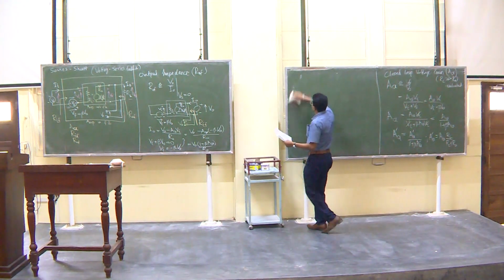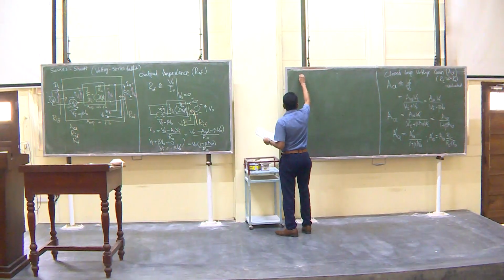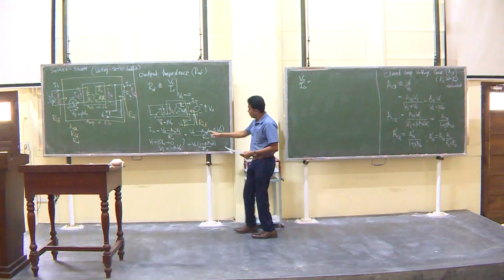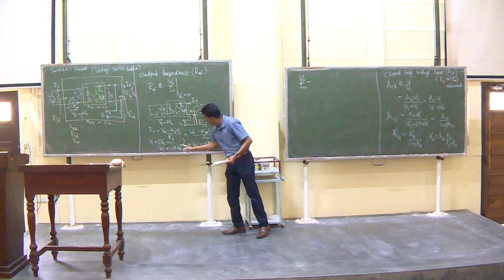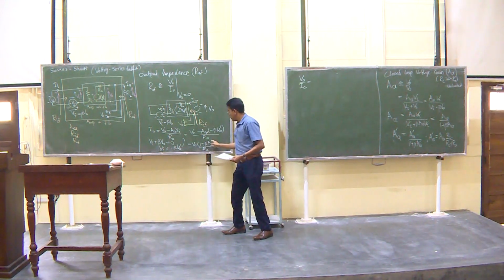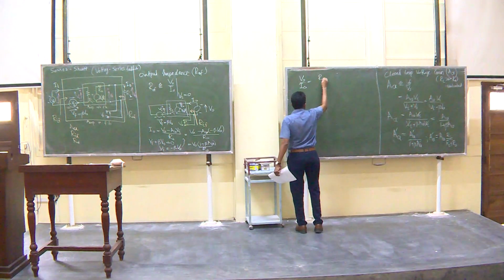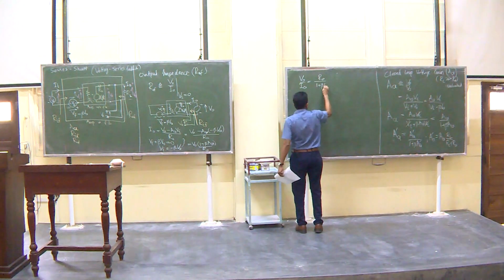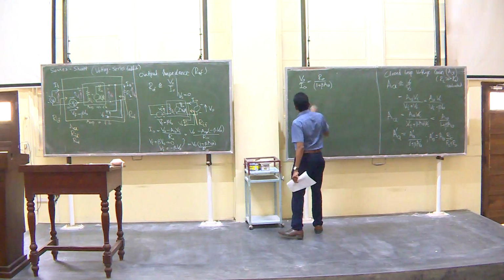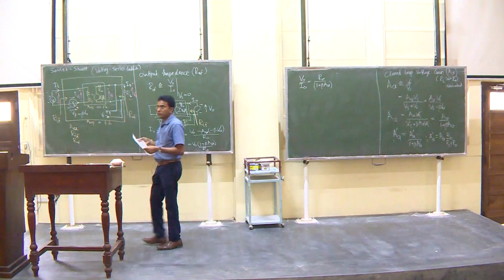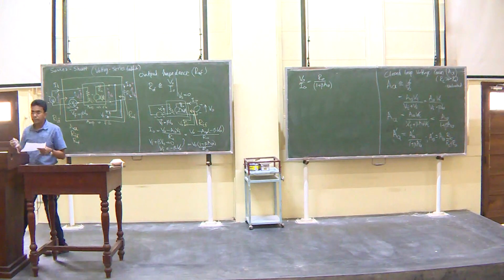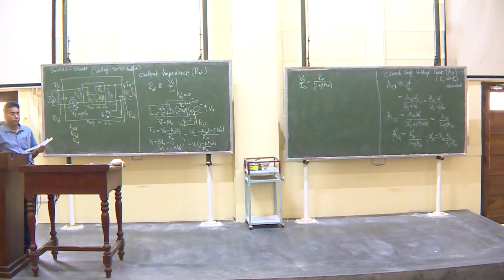From the definition, V out over I out, this V out divided by this I out, is equal to R naught divided by 1 plus beta AV.